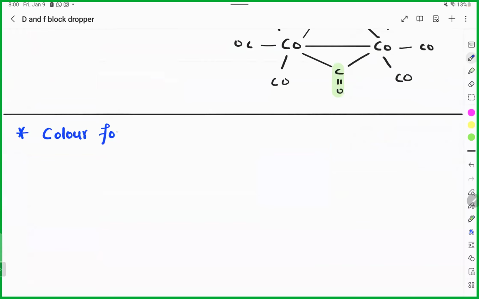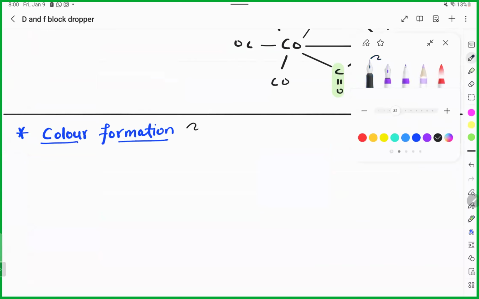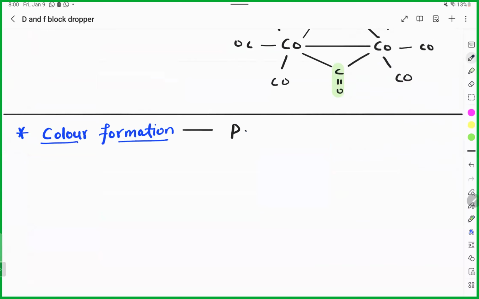Paramagnetic or unpaired electron. Yes, very good. So if you want to see color in any compound, it should be paramagnetic. If it is paramagnetic, it means there will be unpaired electrons. And if you have unpaired electrons, what will happen? Color formation will be there.